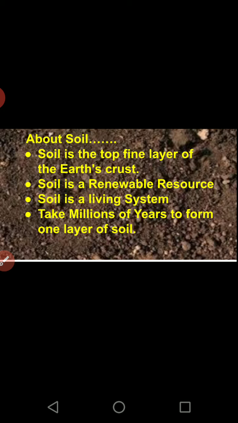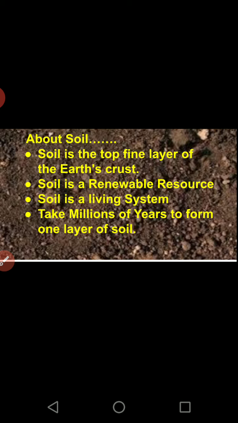Now, there are always controversies whether soil is a renewable resource or a non-renewable resource. If we see, it is basically a renewable resource because the soil formation process is continuously going on, and hence the soil is getting renewed again and again.